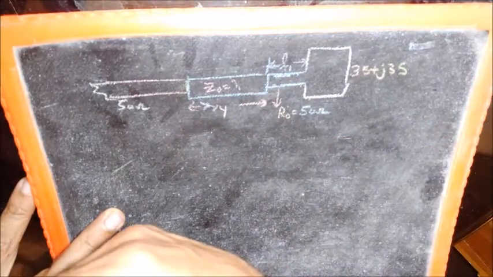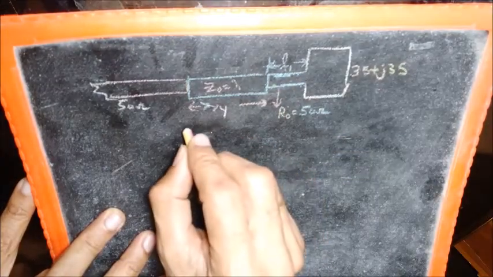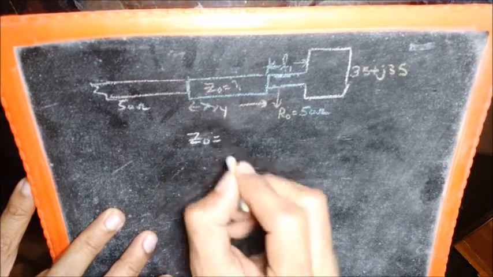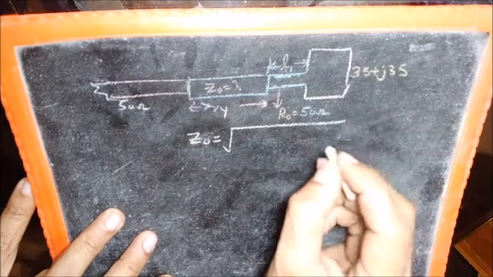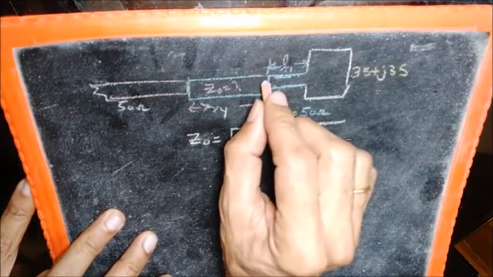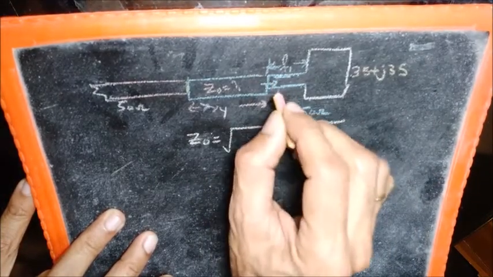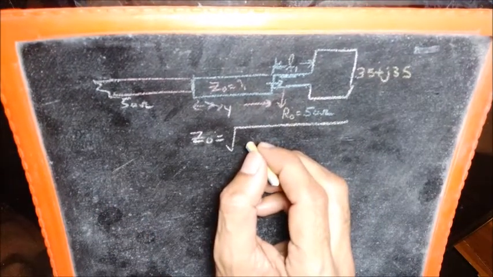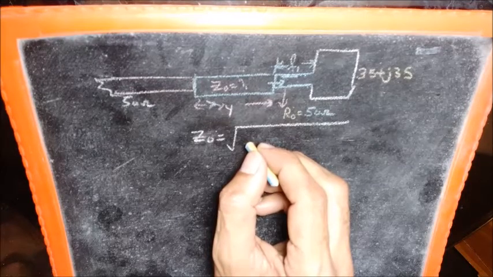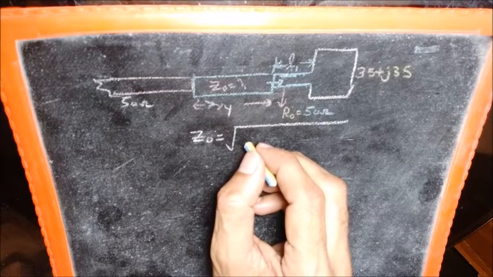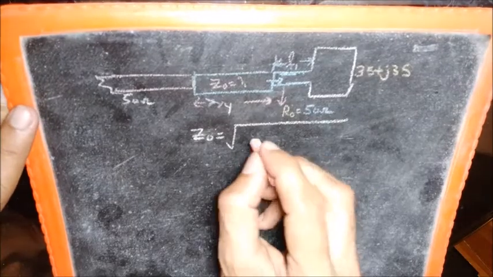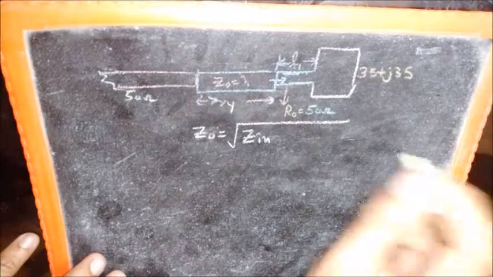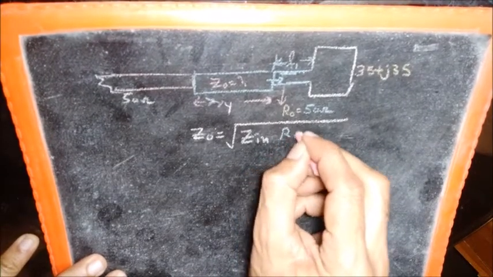So this was the problem to be solved, and we know that Z0 would have been the square root of the impedance as seen from here, using the notation from the earlier video, Zin into R0.